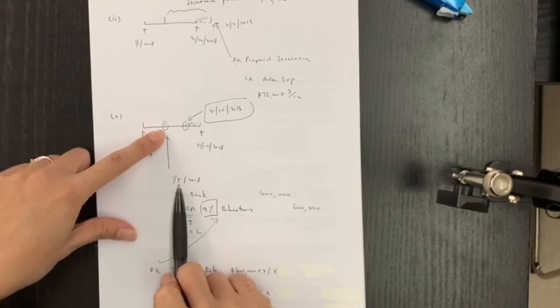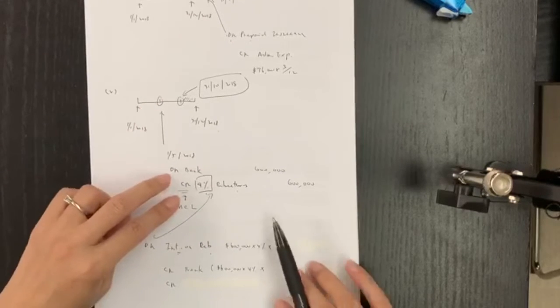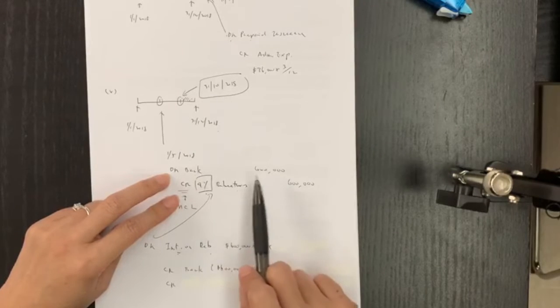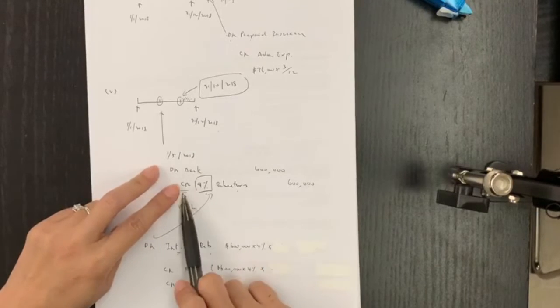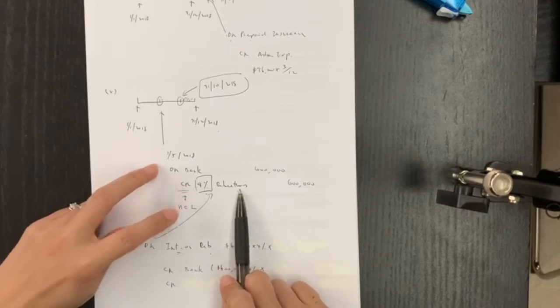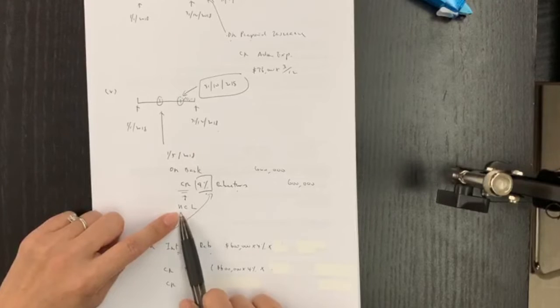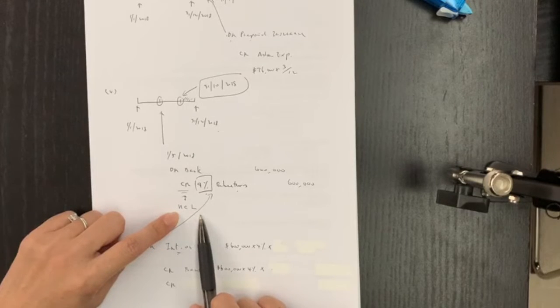The double entry for issuing debentures: debit bank, the purpose is to get more money, so we debit bank 600,000 and credit 4% debentures. Since this is repayable in more than 1 year, it is a non-current liability.